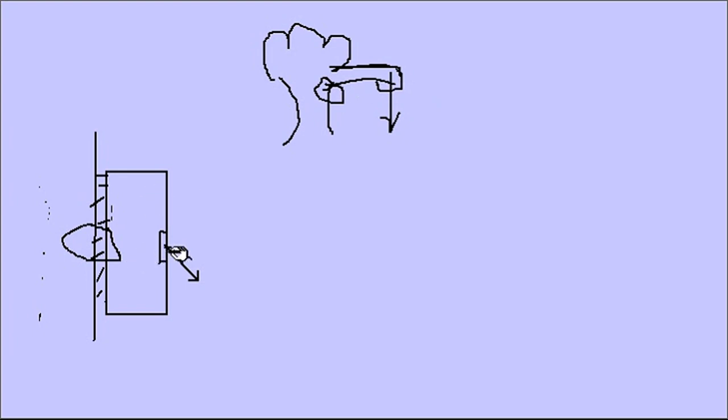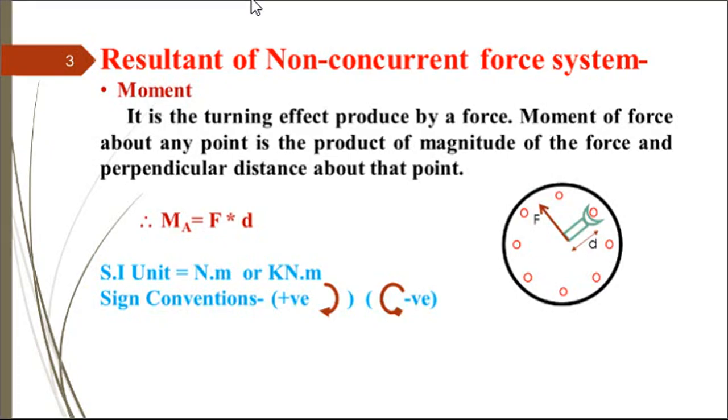Similarly over here, the application of force is at this point, so force multiplied by this perpendicular distance. Whenever we are considering the distance, that distance should be perpendicular to the force. If my force is vertical, the perpendicular distance is horizontal. If my force is horizontal, the perpendicular distance is vertical.